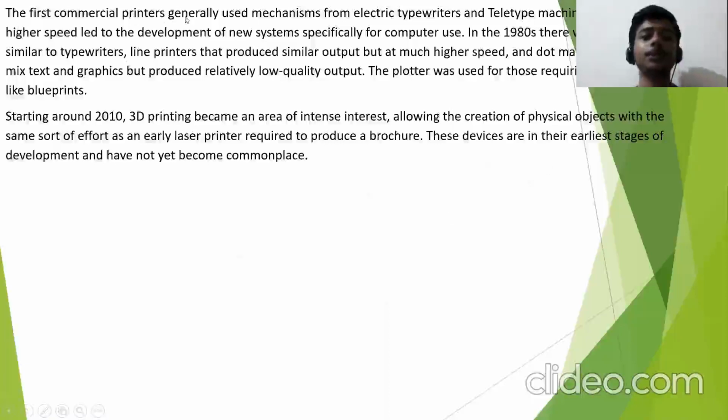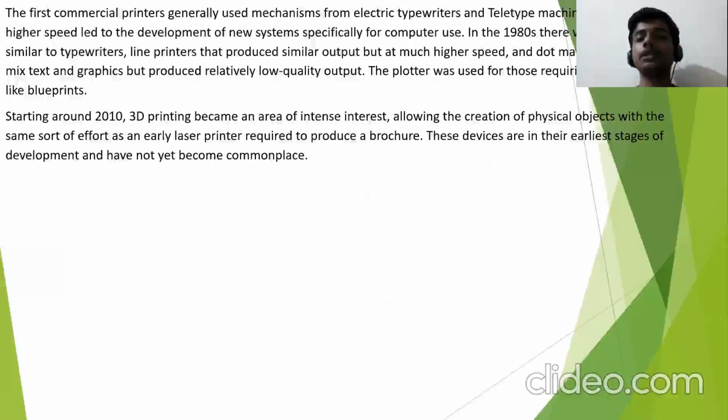The first commercial printers generally used mechanisms for electric typewriters such as teletype machines, and the demand for higher speed led to the development of new systems specifically for computer use.